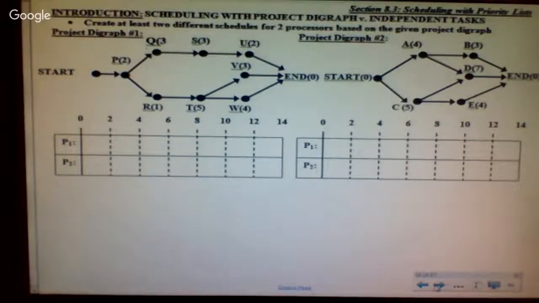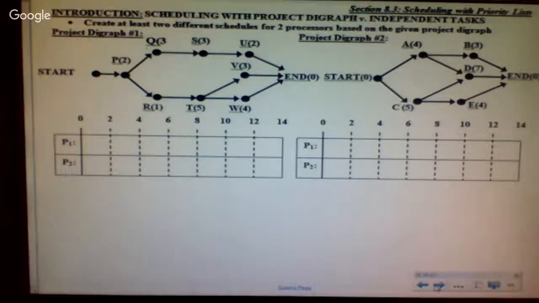Okay. So now these tasks are no longer independent. We now have a pretty picture that tells me that certain things should happen before certain things. Because I have a line that goes from P to Q, that means P needs to be finished before Q can be started.